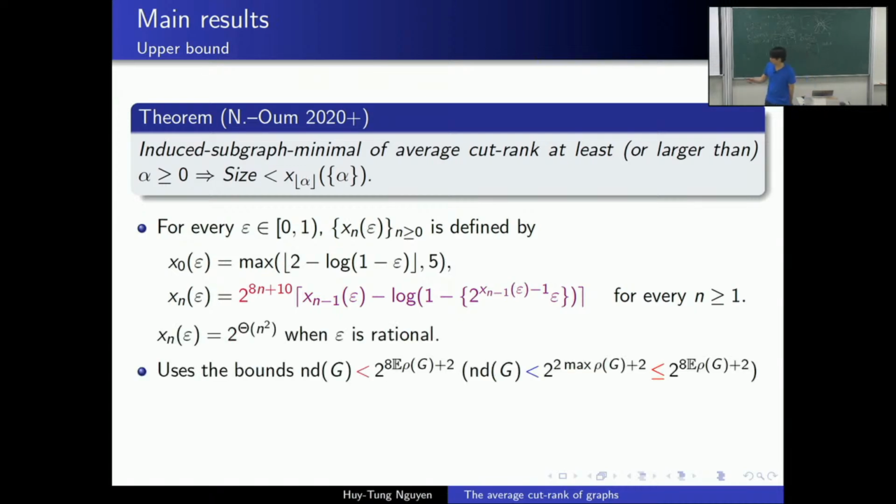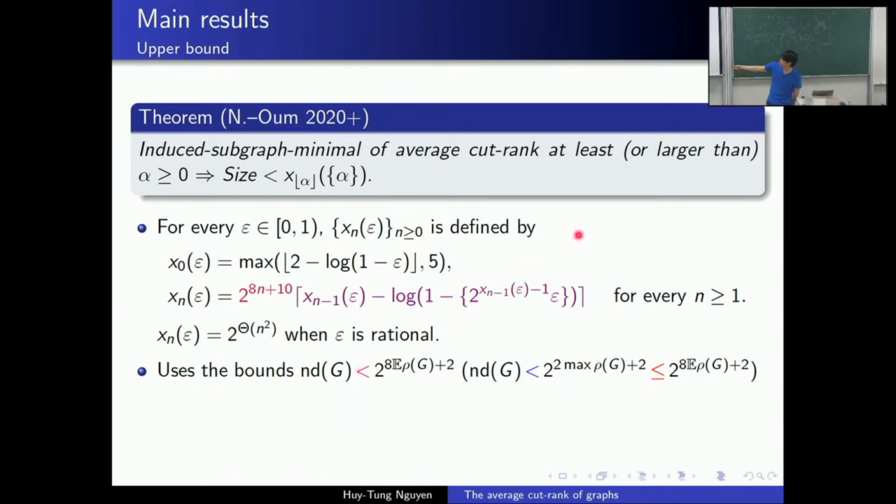And so you may note that there are two parts in the definition of the sequence. The first one is the purple color, and the second one has the violet color. The purple color uses the bound that I mentioned earlier. I put the purple color here because purple is just like a combination of blue and red. So you can see the neighbor diversity is almost this number of the average cut rank.